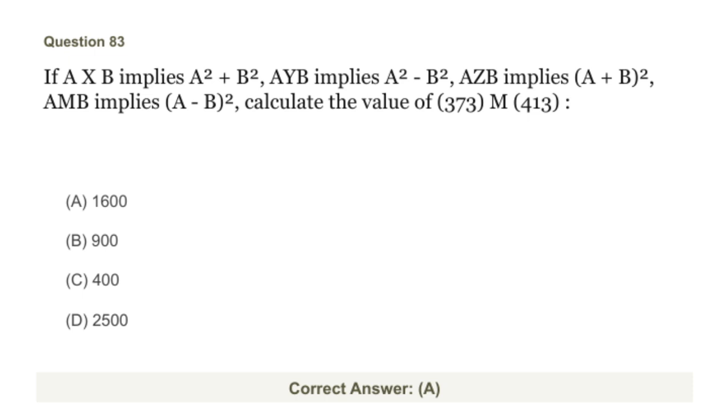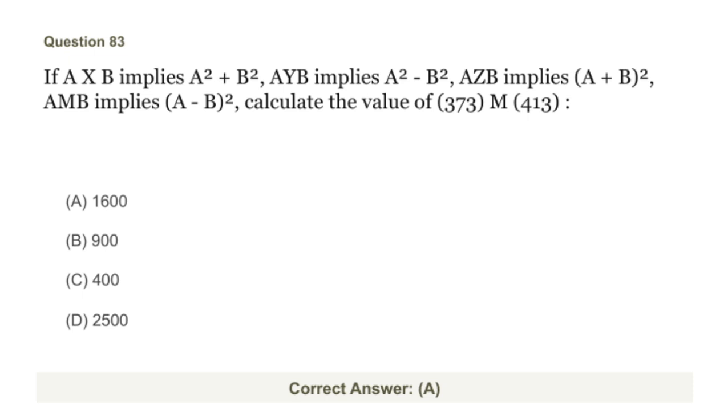Notice that, even though the order seems reversed, subtraction is symmetric here because squaring the difference will give us the same result, whether we do 373 minus 413 or vice versa. Let's do the math step by step. First, find the difference between 373 and 413, which is 413 minus 373, giving us 40.